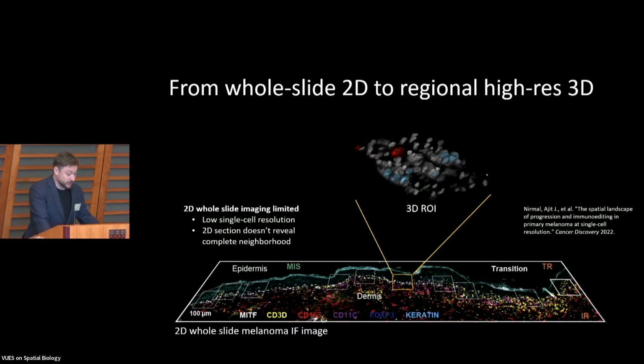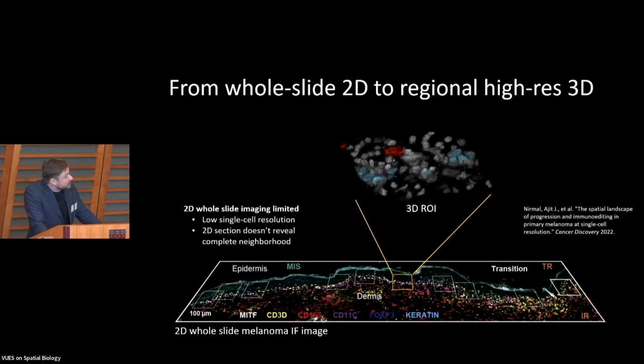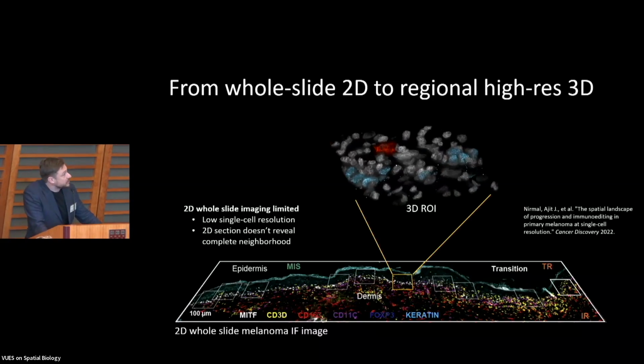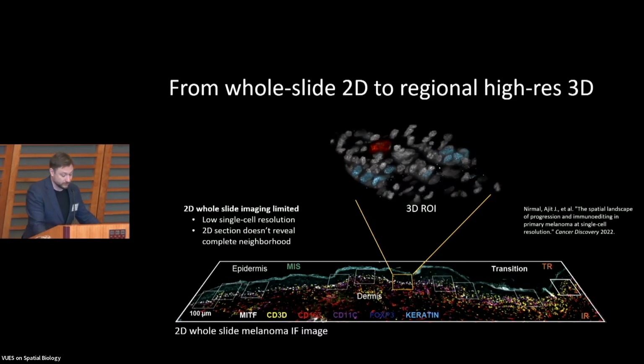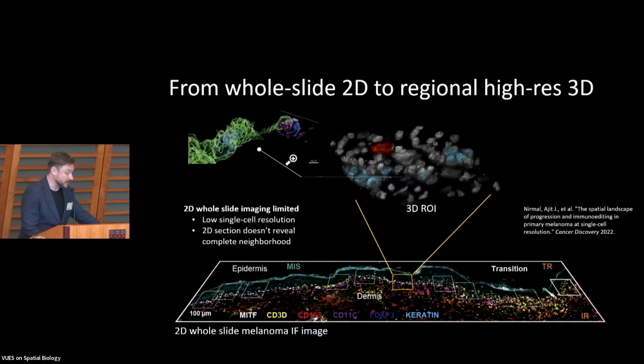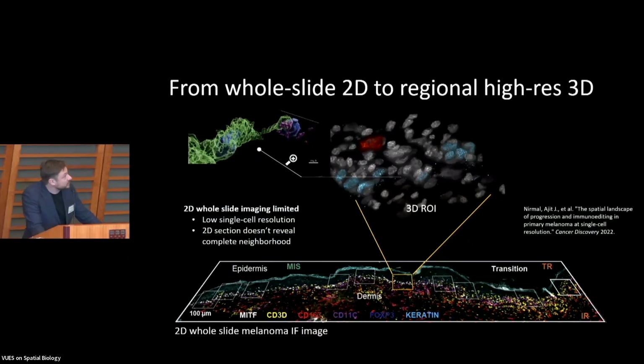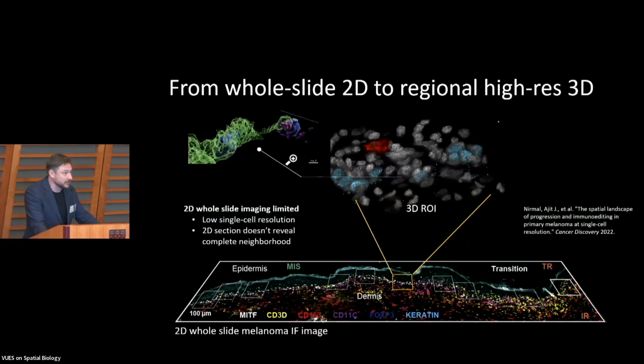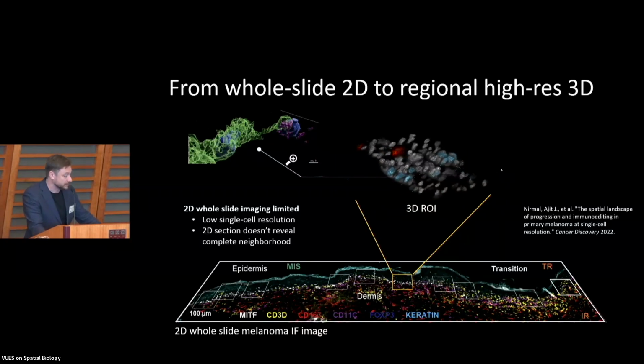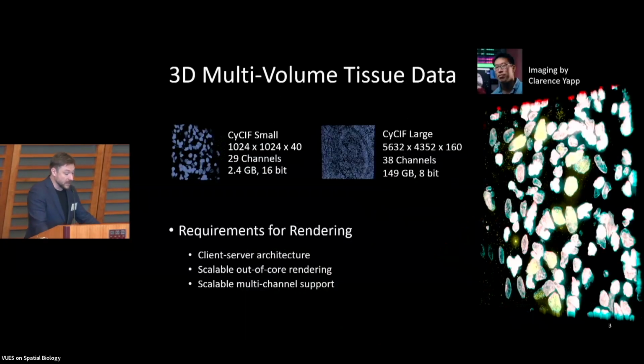So in this work, the scientists, for certain sections, image them in 3D with higher resolution, and that of course allows them then to look into individual cells, their shapes, and also the interaction of these cells in more detail. Over the years, I had been working with two of these SciSafe 3D datasets.